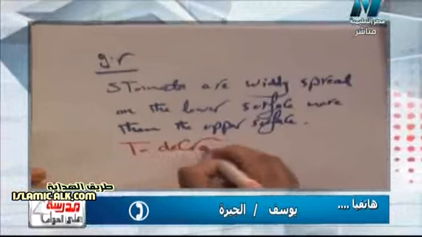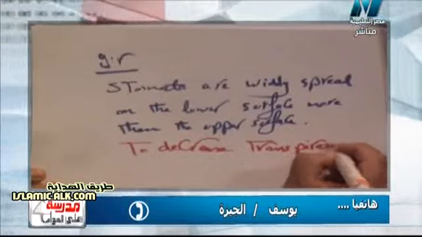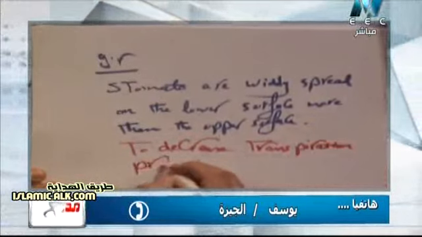I have another answer, Yusuf, for you: to decrease the transpiration process, because the upper surface of the leaf is subjected to sunlight. So if there are more stomata on the upper surface, the plant will lose more water.